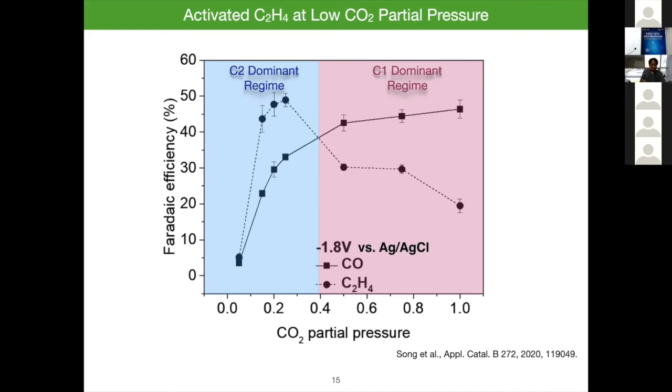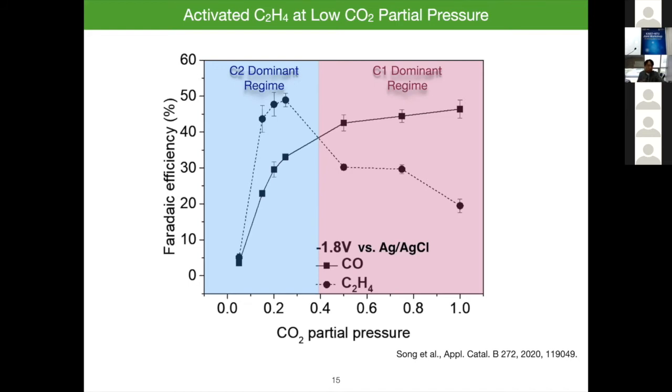Initially it's less than 5%, but at 100% CO2, you get 50%. But if you look at ethylene, CC coupling becomes facilitated at low partial pressure, and the Faradaic efficiency is about 50% for ethylene. But after 20% CO2 partial pressure, the feed concentration, you can see that the Faradaic efficiency actually decreases, even though you have more reactant on the surface.